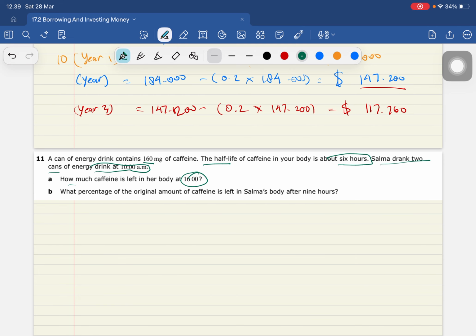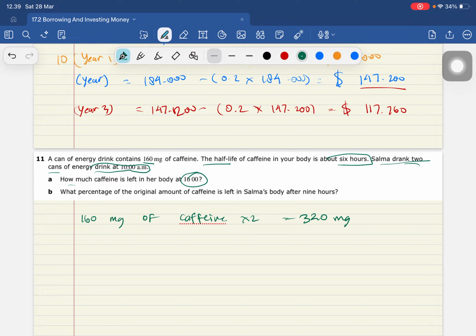So 160 milligrams of caffeine, and she drank 2, so we double it, and the caffeine she has is 320 milligrams.